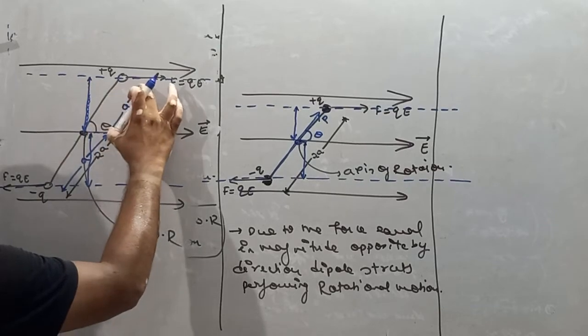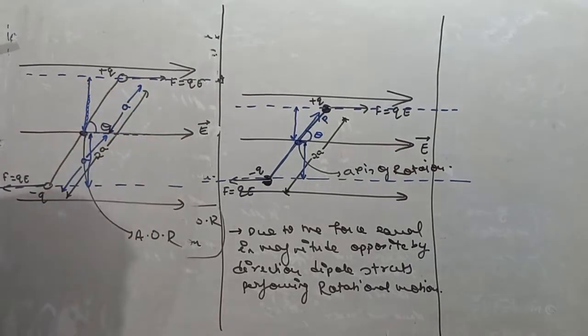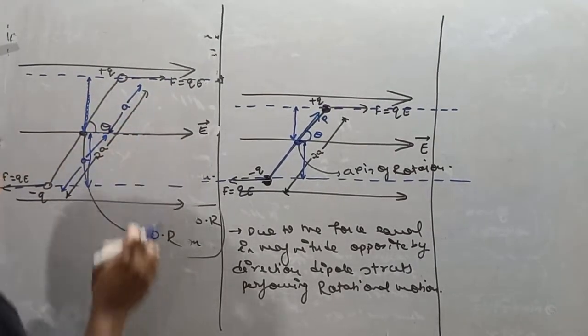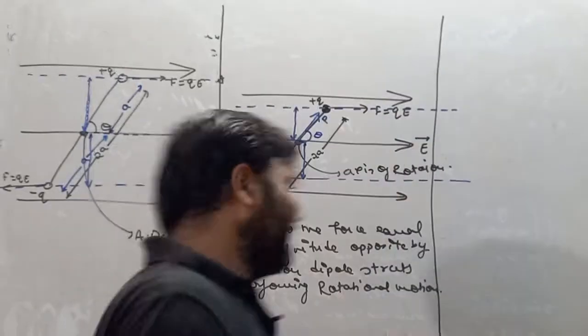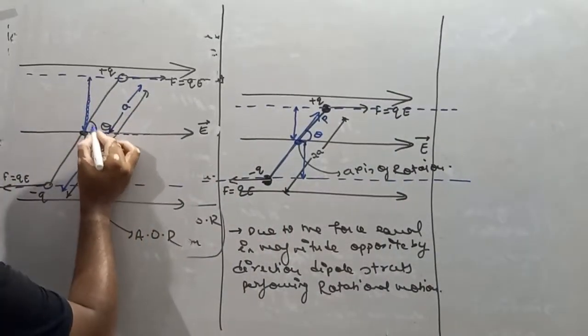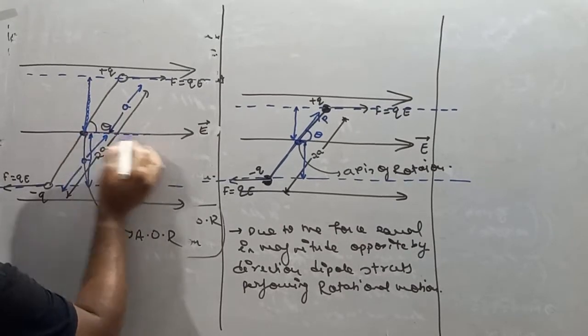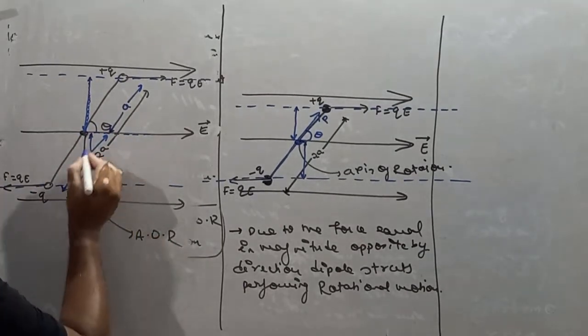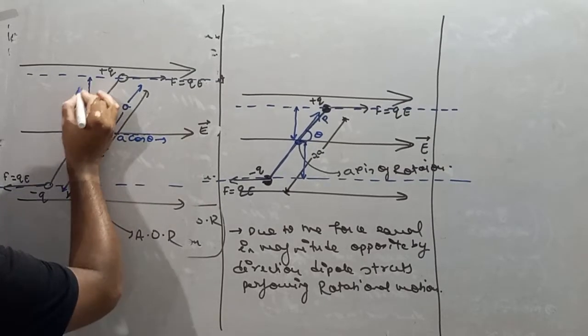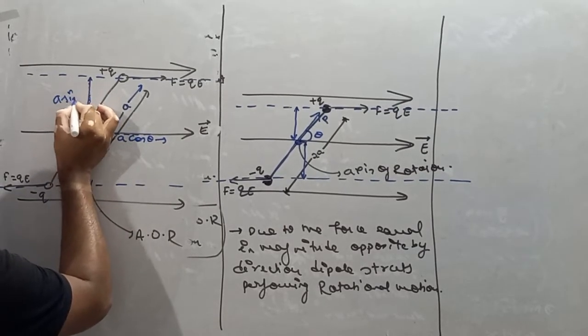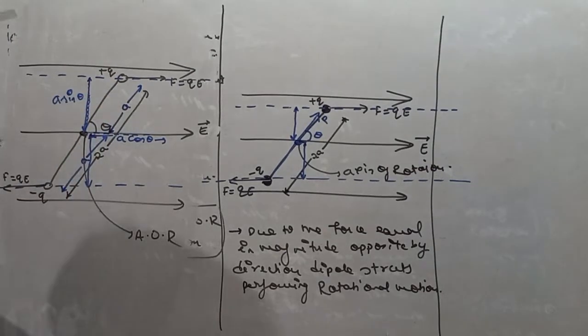Then we will break it into components, cos and sine. If this angle is made with this line, then this line is a cos theta, and this perpendicular distance is a sin theta.